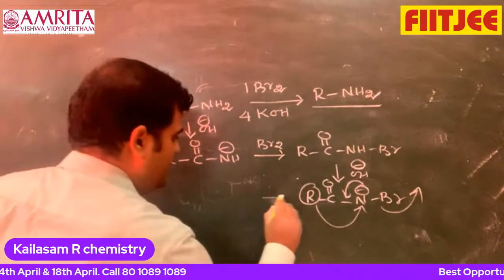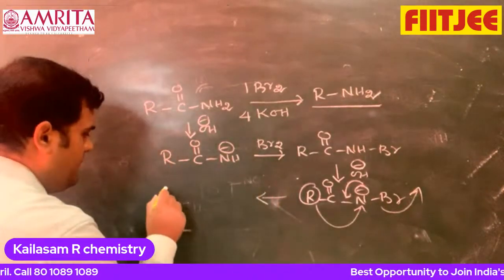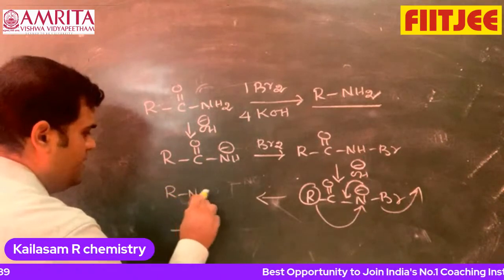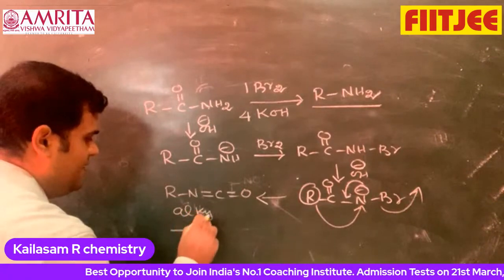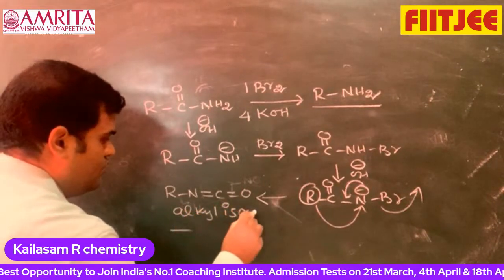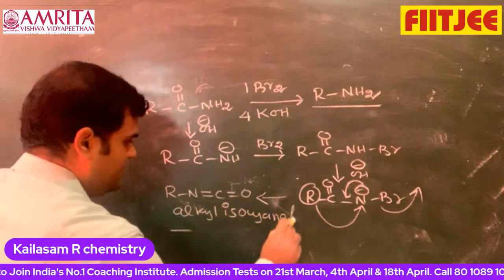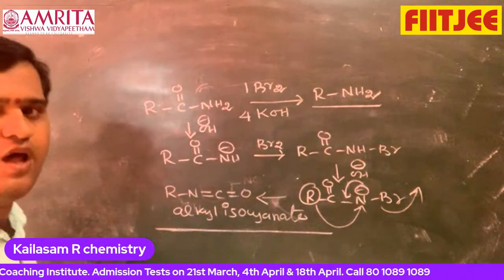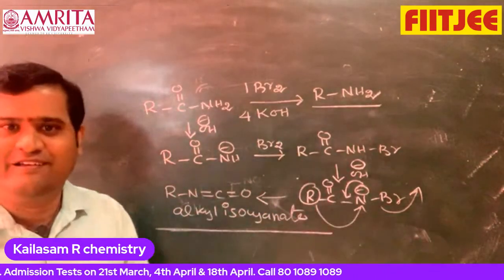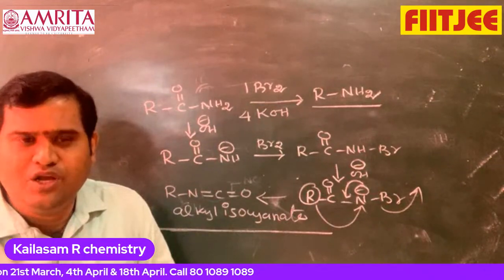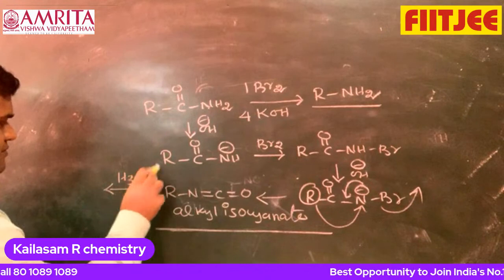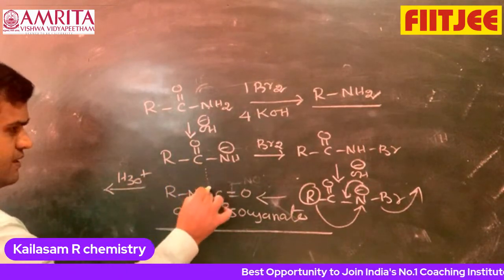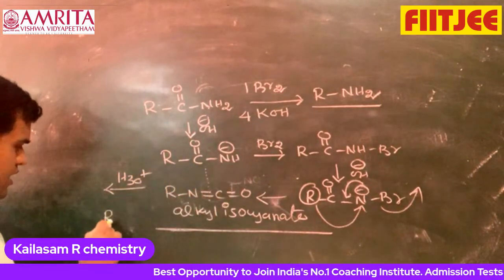We will be getting R N double bond C double bond O, which is alkyl isocyanate. So it's forming here. Now if we do hydrolysis, the bond is going to break and we'll be getting R and H2.